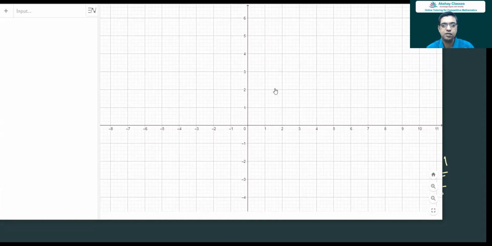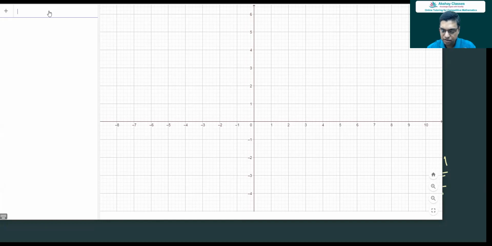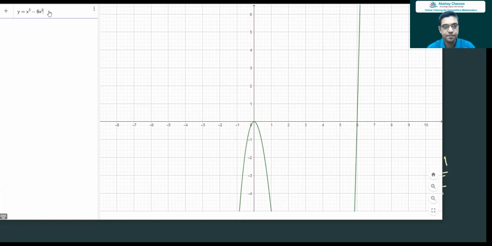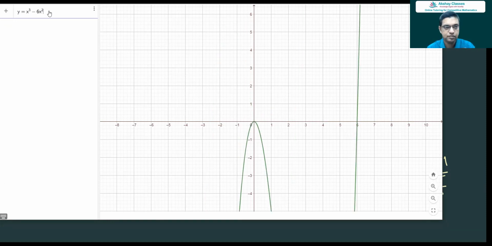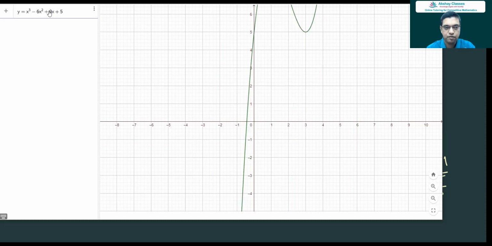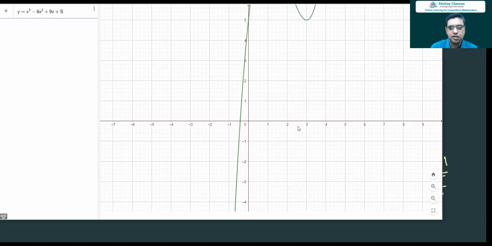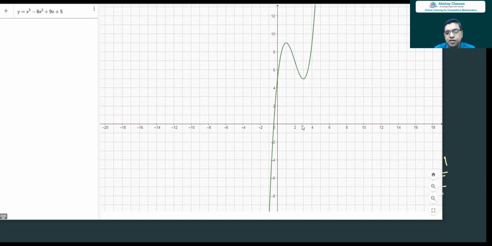This is y equal to x cubed minus 6x squared plus 9x plus 1. See the function, how it looks.